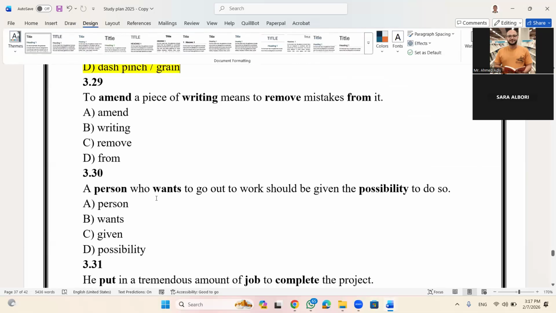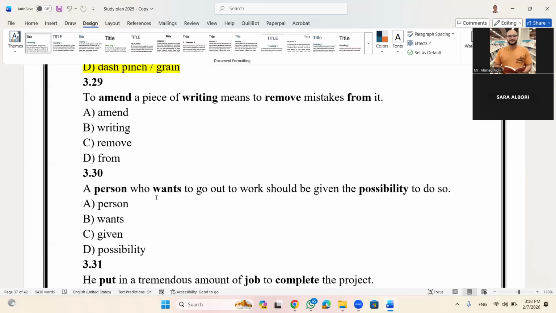29. To amend a piece of writing means to remove mistakes from it. Did you study the writing process at school? We start first with brainstorming, collecting ideas, and number two, we draft.